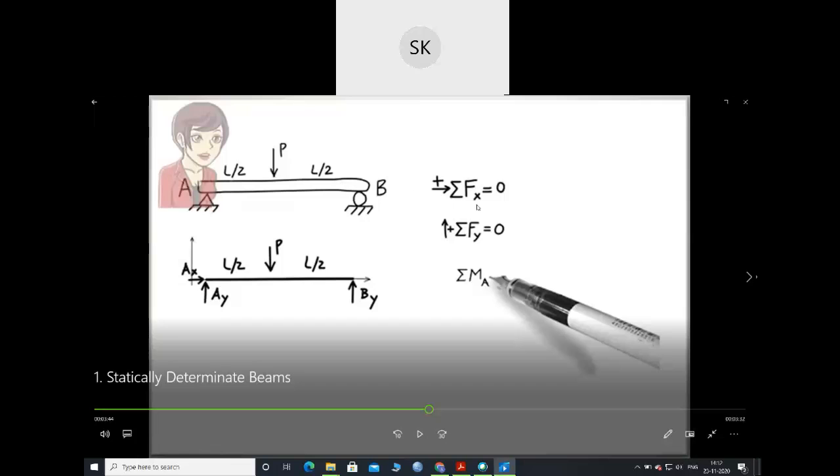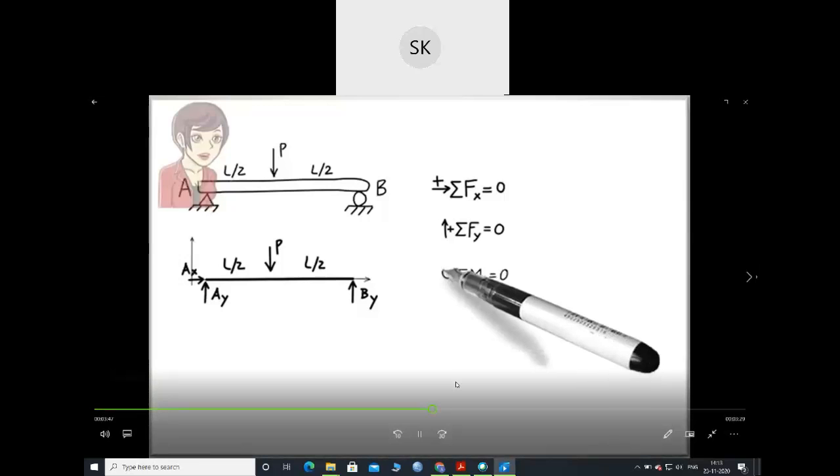So we'll use three equilibrium equations: summation of all the horizontal forces equals 0, summation of all the vertical forces equals 0, and summation of moments about a particular point equals 0. This is also called the static equilibrium equations, and these are the three equations we use to find out the reactions.